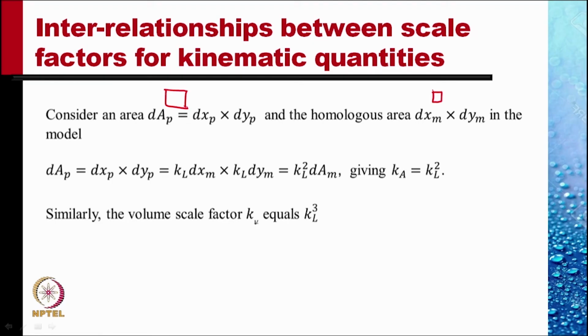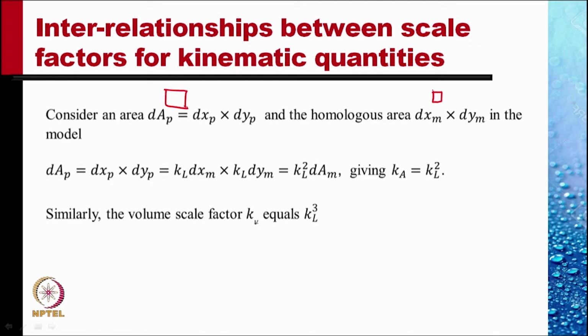Clearly, dAp, which is dxp into dyp, can be written as KL times dxm, since KL is the scale factor for all lengths, into KL dym, the same KL, which gives you KL square into dxm into dym, which is dAm, the model area. Thus, Ka, which is dAp over dAm, is nothing but KL square.